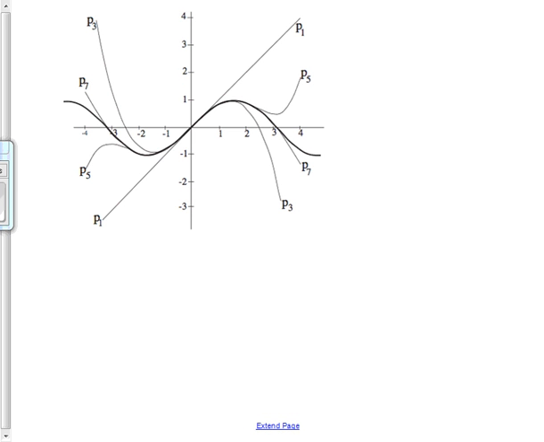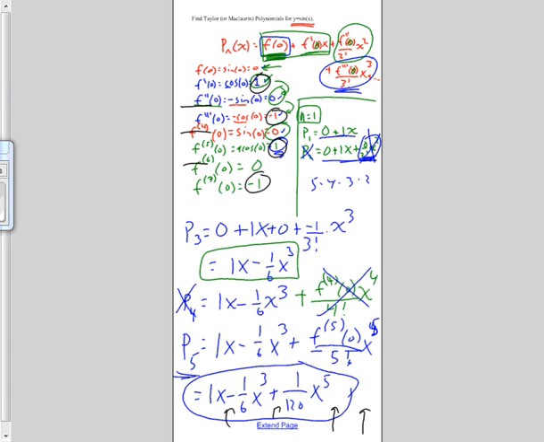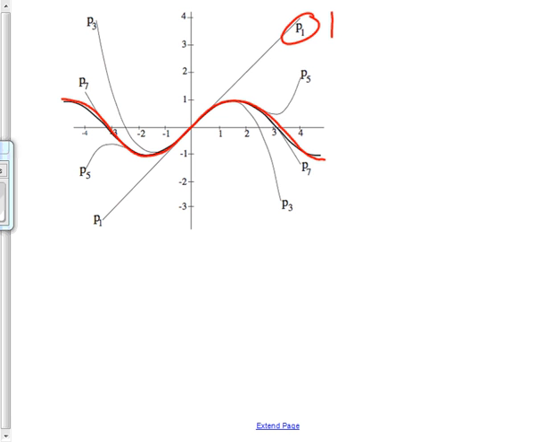And here we have in red our graph y equals sine x. We know that P sub 1, if we look back at our graph, was just 1x. So here we have the graph y equals x.